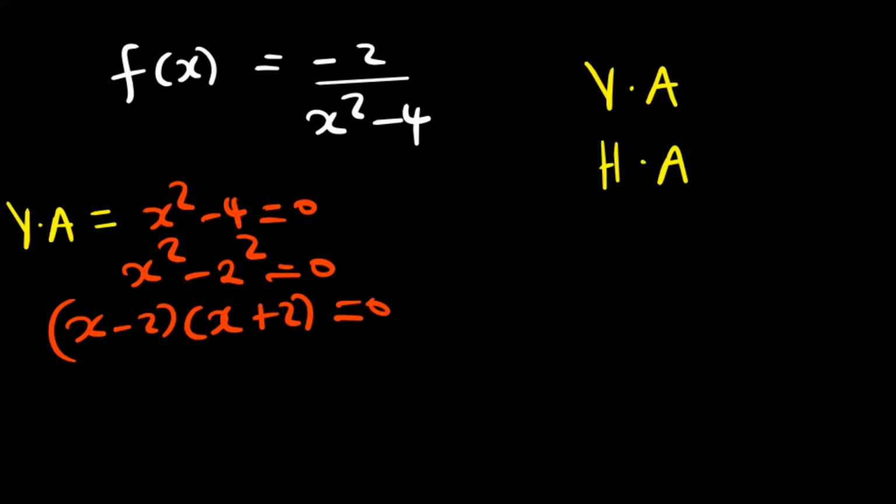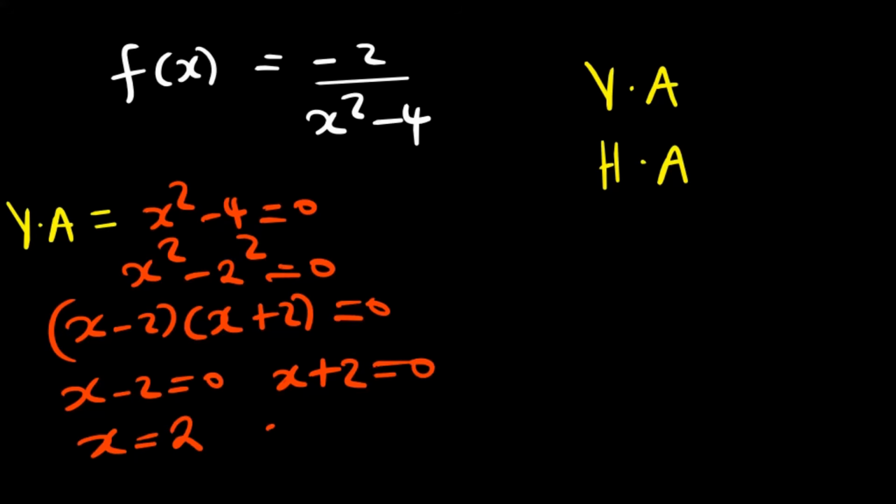Then I can equate x minus 2 is equals to 0, or x plus 2 is equals to 0. Therefore x is equals to 2, and x is equals to negative 2. So those are the vertical asymptotes. Those are the lines we are not supposed to touch on the x-axis.